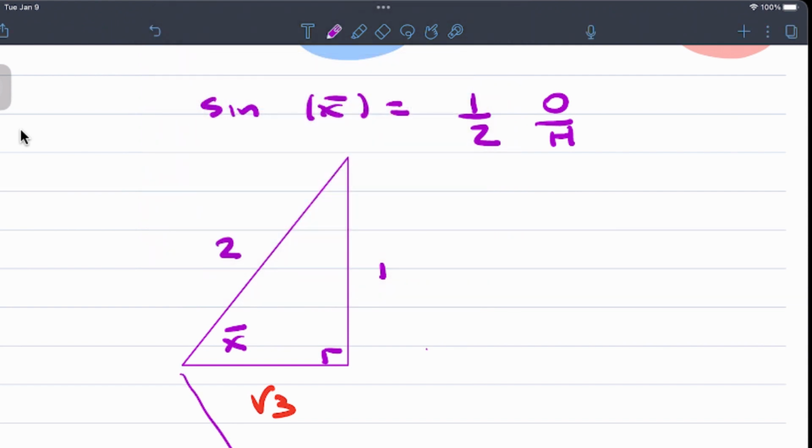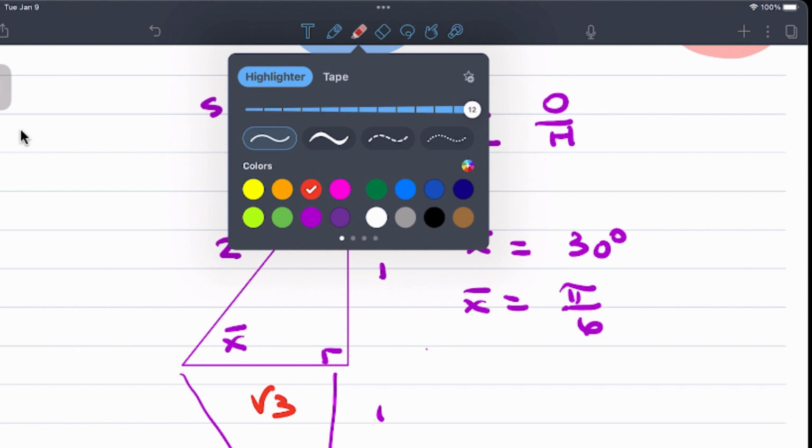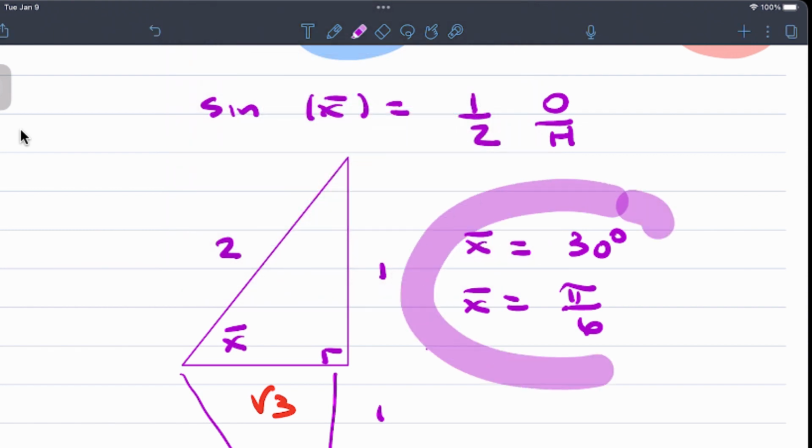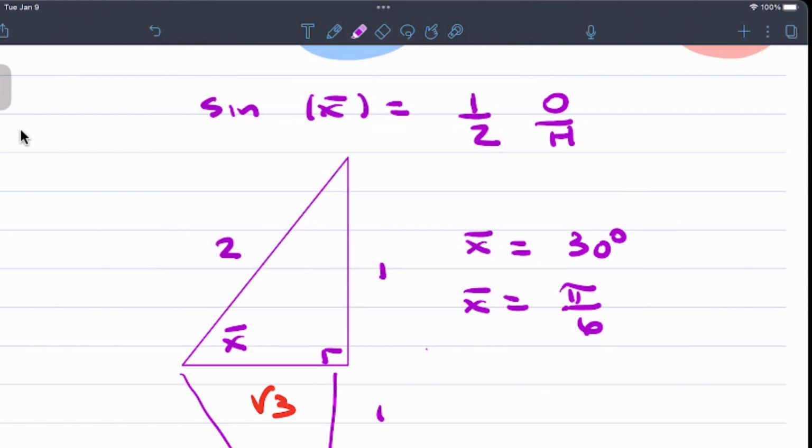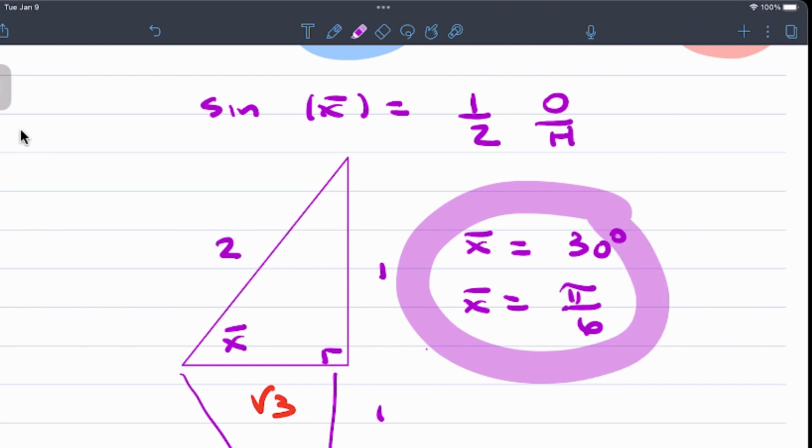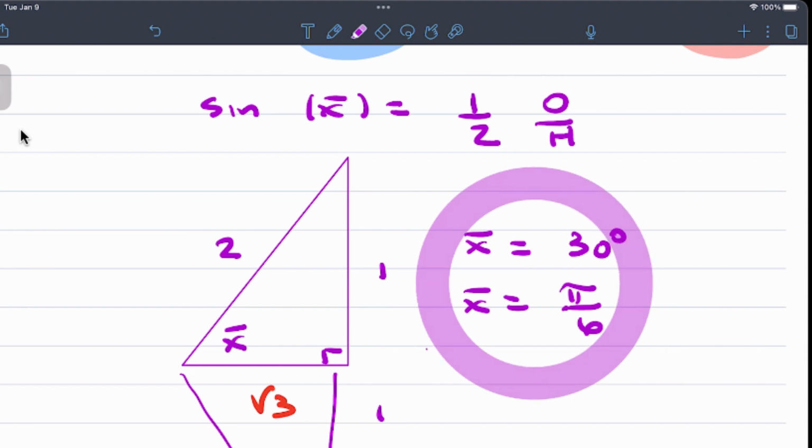What special triangle is this? Is this 30 degrees? Isn't that pi over 6, 30 degrees? Is that true? What do you guys think?